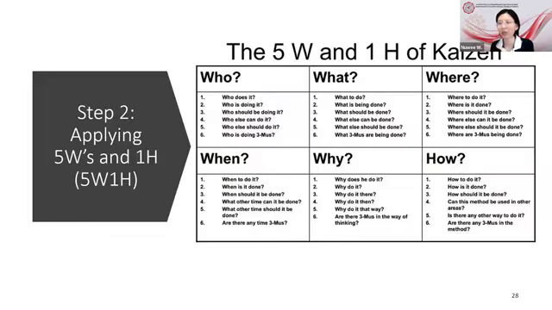Why do we do it? Why do it at that place? Why not this place? Why do we do it with the customer like this? Why don't we do it like that? Right, why? And how? How do we do that? How to do it? How is it done? And maybe how much? How much does it cost to do these things?